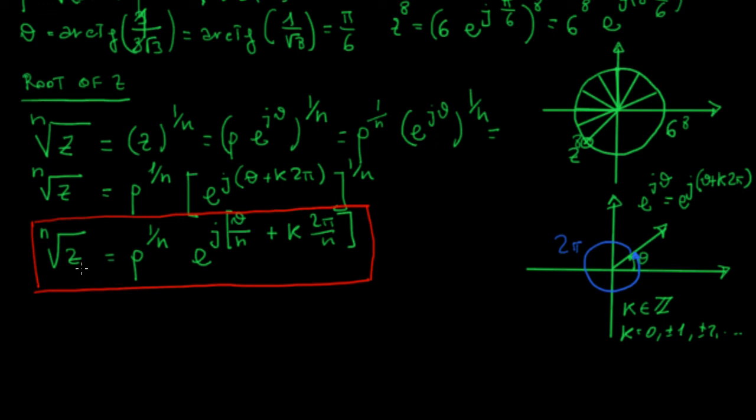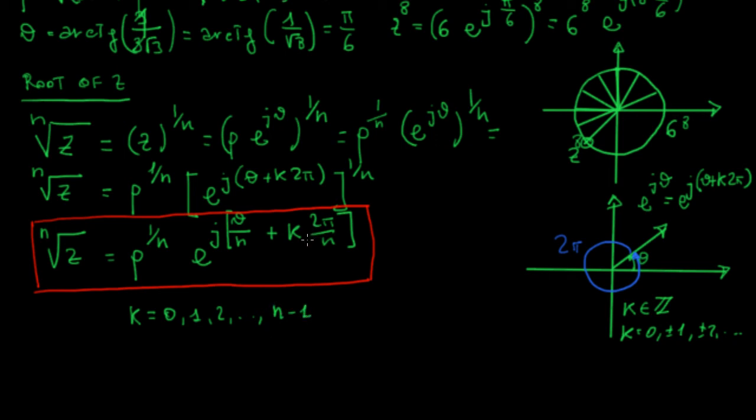So let's take a look at this formula. What it says is that the nth root of z has a modulus that is the nth root of rho, which is a real number, while the argument is given by theta over n plus k times 2 pi over n, where k is 0, 1, 2, up to n minus 1.